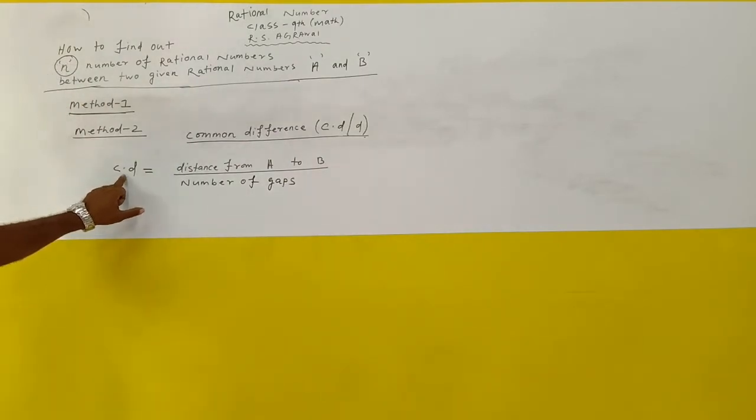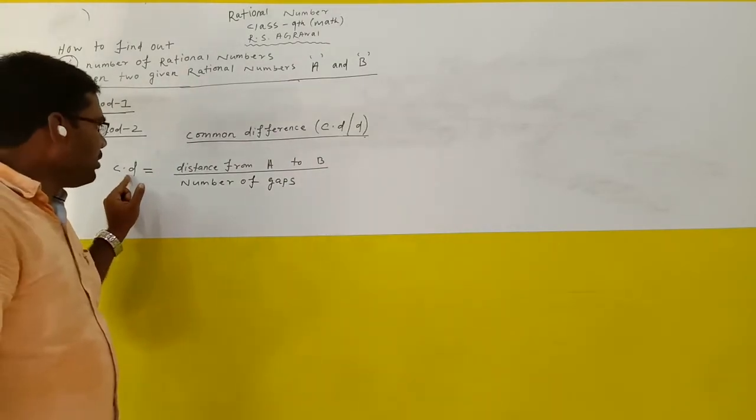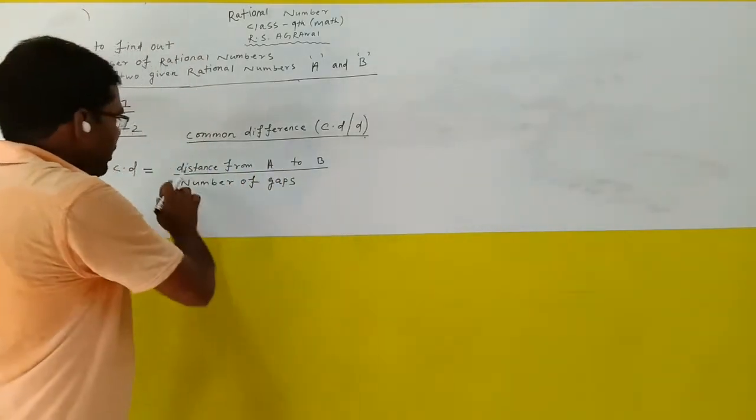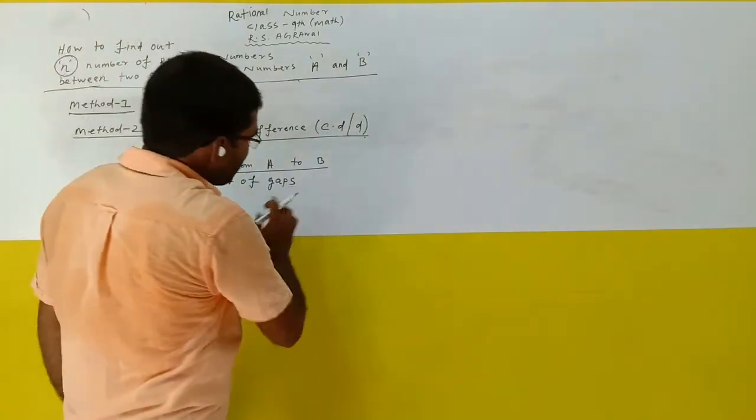So CD, ये CD का मतलब क्या है? Distance from A to B divided by number of gaps.